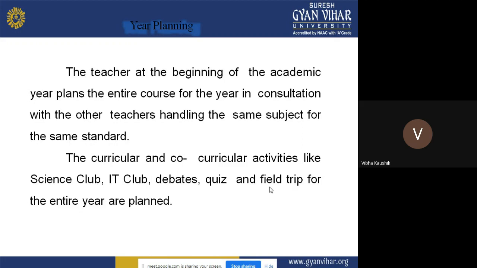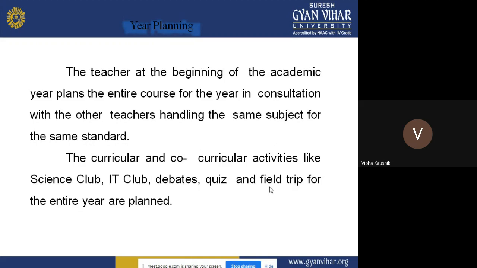The different curricular and co-curricular activities which you will undertake for that academic year, like science club, IT club, debate, quizzes, and field trips, are planned for the entire year.